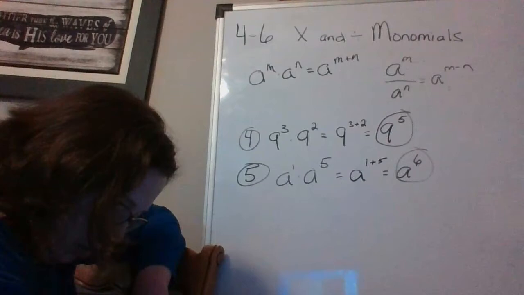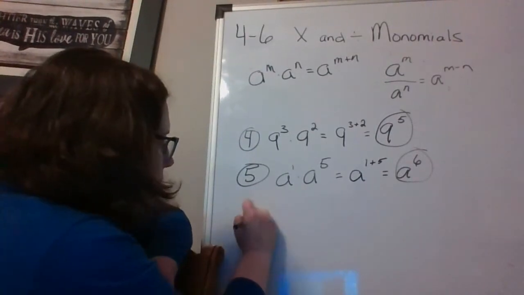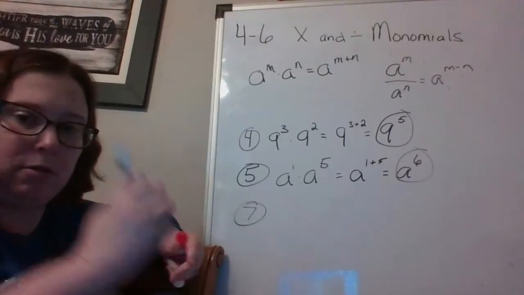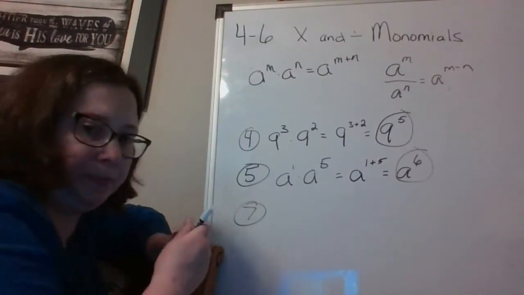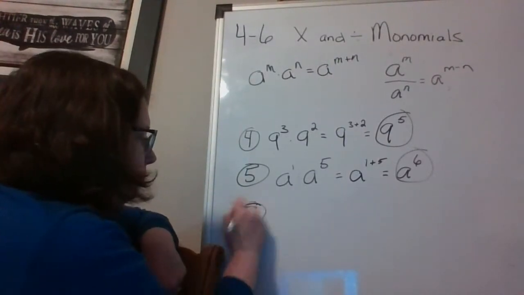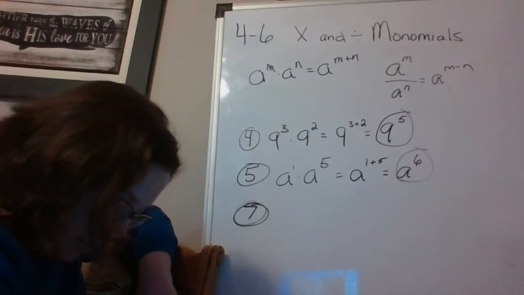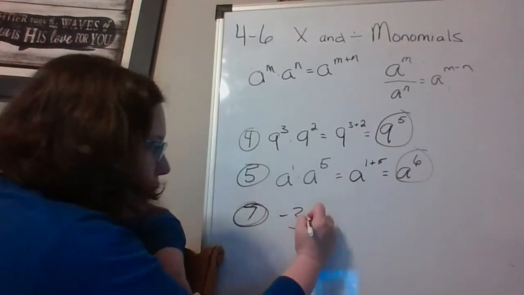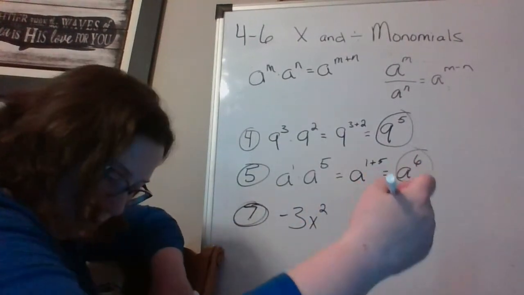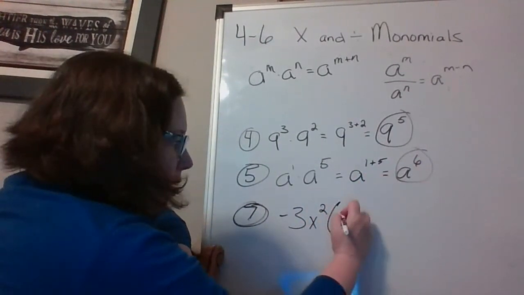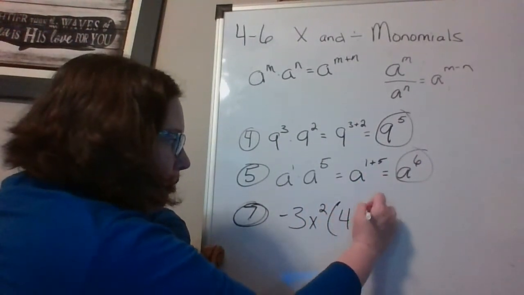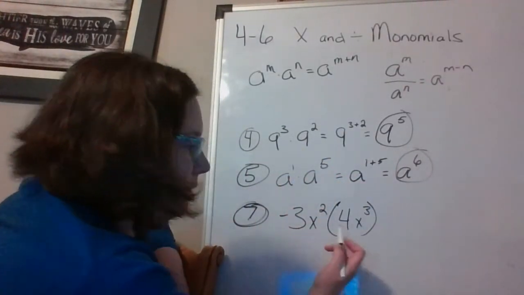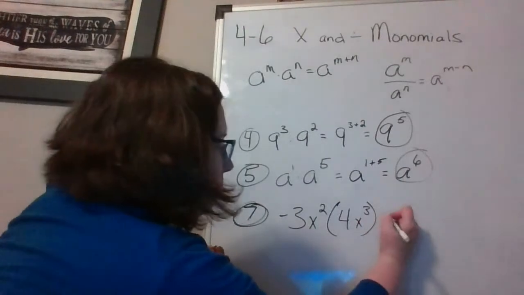Next one I would like to do for you is number 7. Number 7 adds some numbers in here. I think I've killed that marker. There we go. Number 7 adds some numbers. So what I need you to remember here is you are going to multiply your numbers, and then you are going to multiply your variables. So first thing we're going to do is take those two numbers and multiply them.